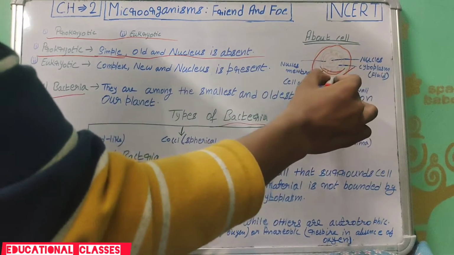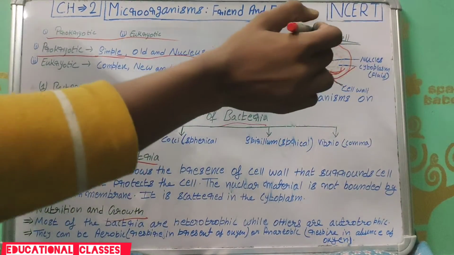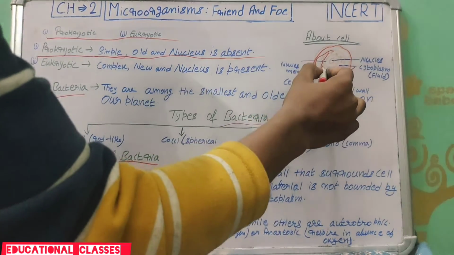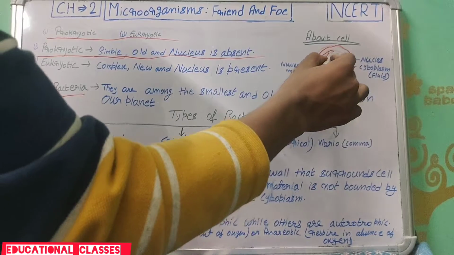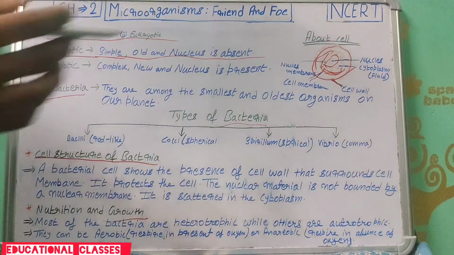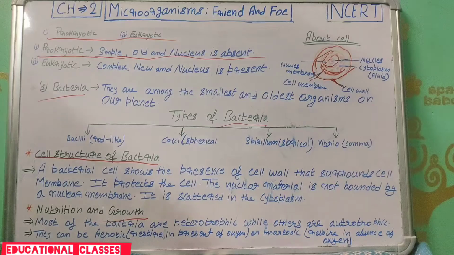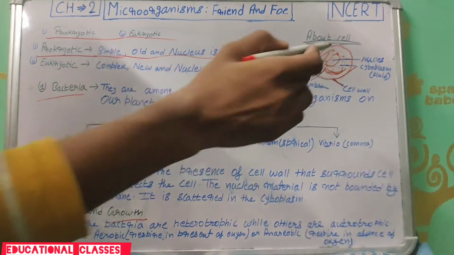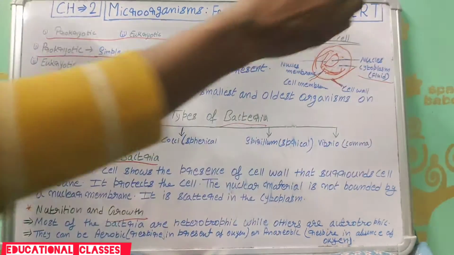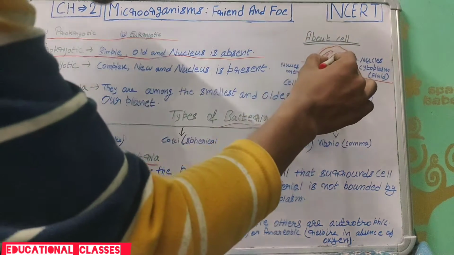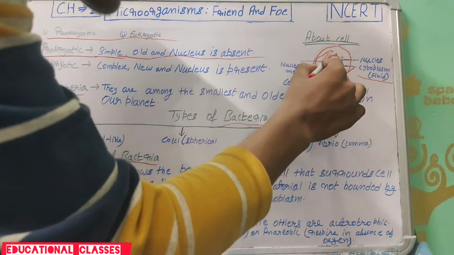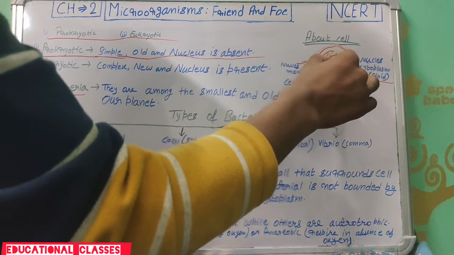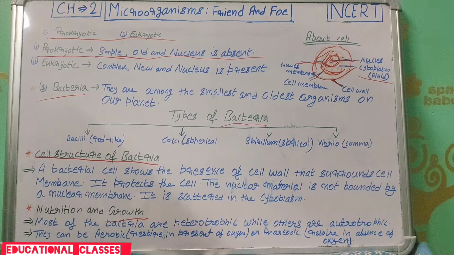The second circle is the cell membrane, and the third one is the nucleus membrane, which protects the nucleus. The fluids, the gel-like structures, are also present, which are known as cytoplasm. Inside this, the nucleus membrane is there to protect the nucleus.